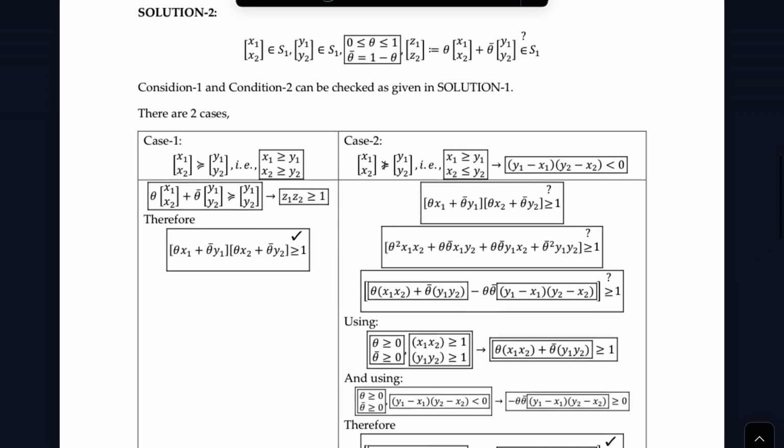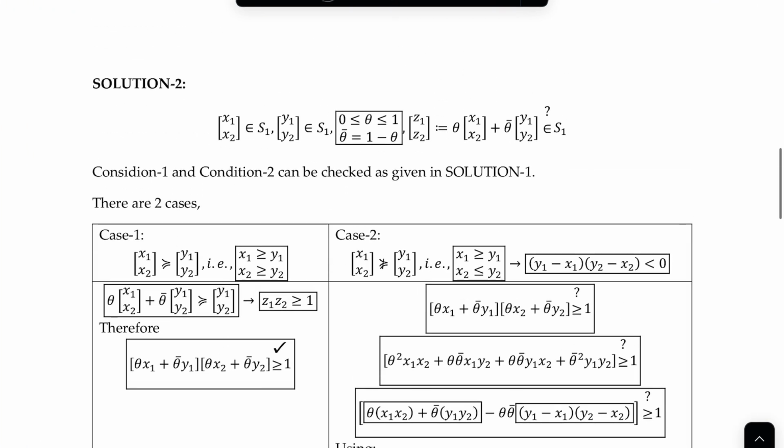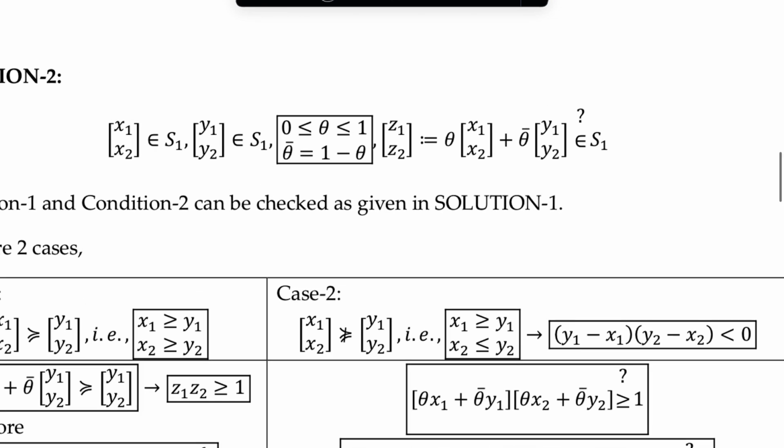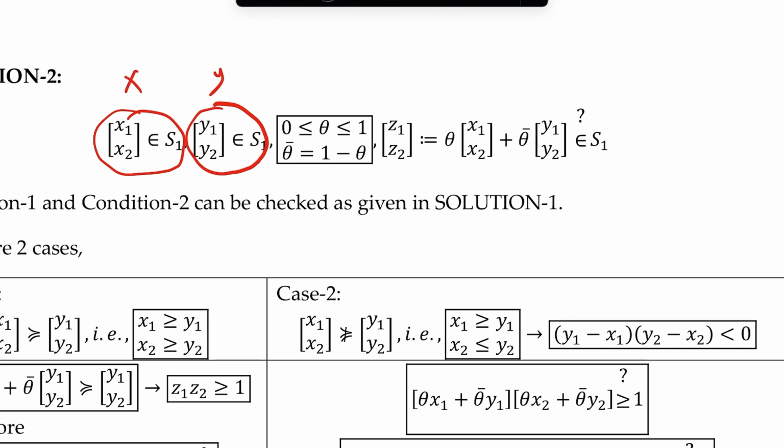This part is solution 1, and let's look at the second solution, or second method of proving the convexity of given sets. The starting point is the same. You give me an x and then y, two points, and then I will have a line segment, and I will look at all the points on that line segment and check if they are also in the set S1.